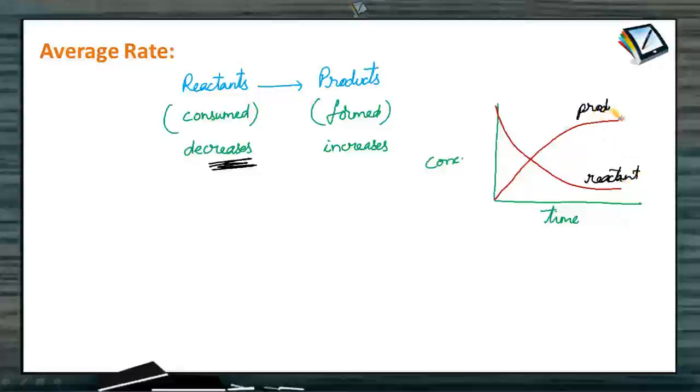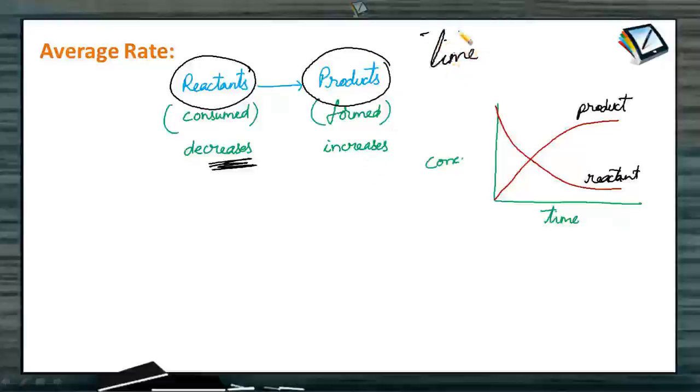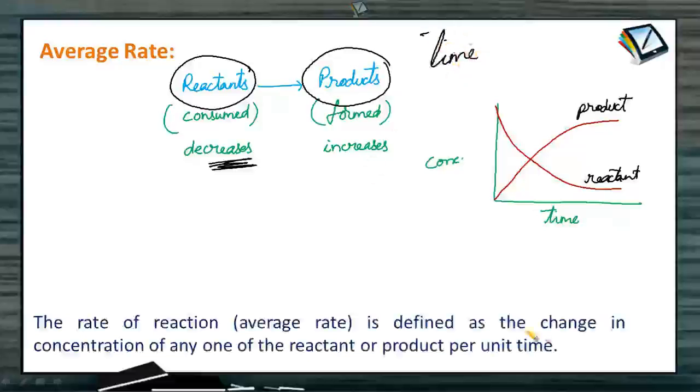So we can say that both the concentration of the reactant and the concentration of the product are changing along with the time. So we can define the rate of reaction as the change in the concentration of any one of the reactant or product per unit time. Here we are talking about the average rate, that is defined as the change in concentration of any one of the reactant or product with time.